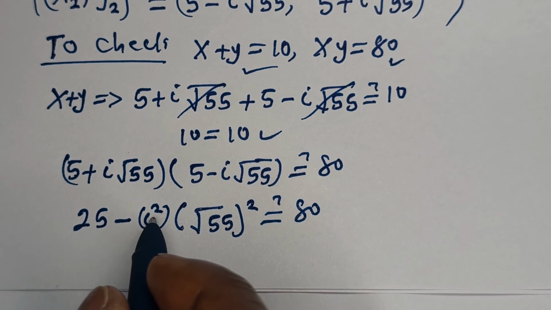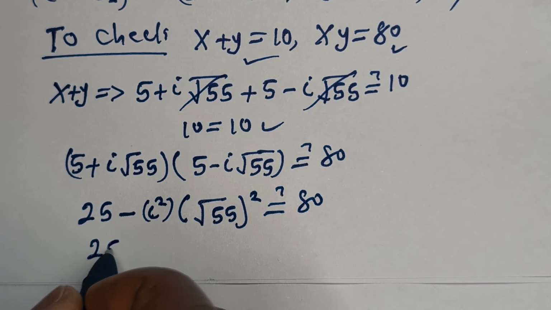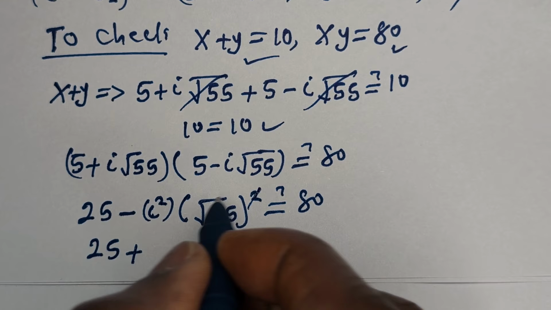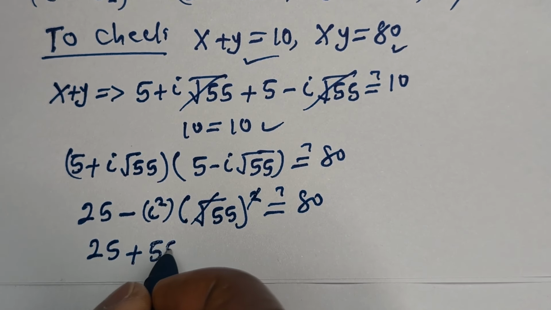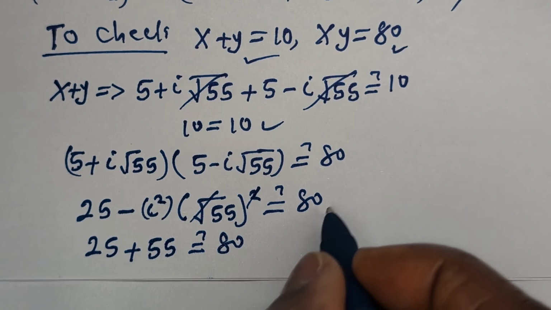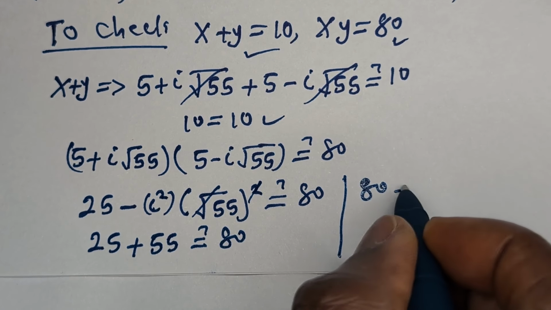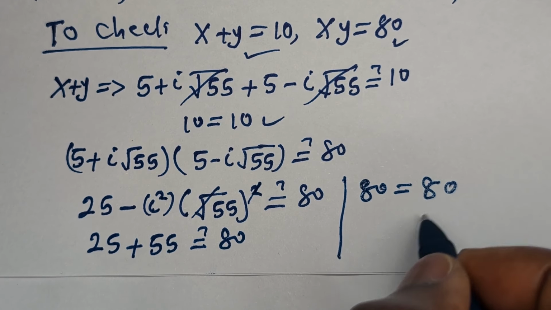Then i squared is equal to minus 1. Then we have 25 plus this cancels this. We have 55 must be equal to 80. And of course, 25 plus 55, this is 80, is equal to 80, which is true.